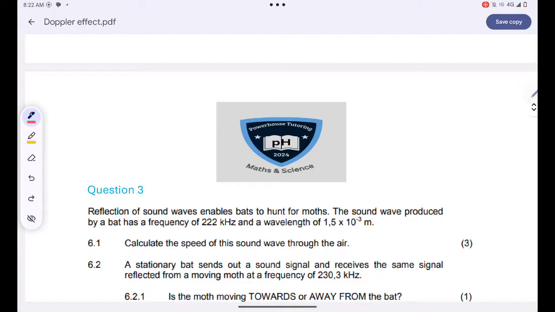But if the moth produces a frequency of sound which is lesser than that of the bat, it simply means that the moth is moving away from the bat. Are you together? So the bat wouldn't bother hunting for something which is moving away from it, but it will hunt for what is coming towards it.